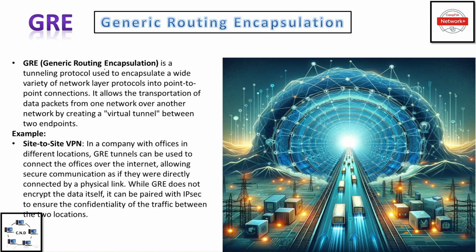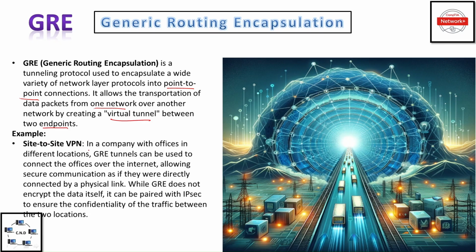GRE, that is Generic Routing Encapsulation. So GRE, Generic Routing Encapsulation, is a tunneling protocol used to encapsulate a wide variety of network layer protocols into a point-to-point connection. It allows the transportation of data packets from one network to another network by creating a virtual tunnel between two endpoints.